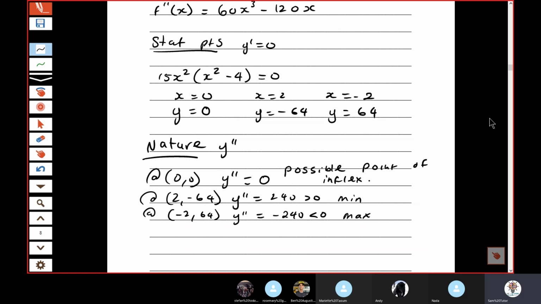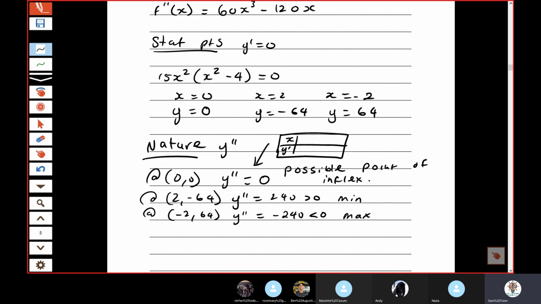So if this happens at this stage, for now, until we do point inflections, at this stage, we're going to try the y dash table, just because this occurred. But it's good that you know that it's a possible point of inflection. You have to actually conclude that. Possible point of inflection. Then you'll go to step 3, which is point of inflection, but we haven't done step 3 yet. So right now, we'll go to the other method for this.